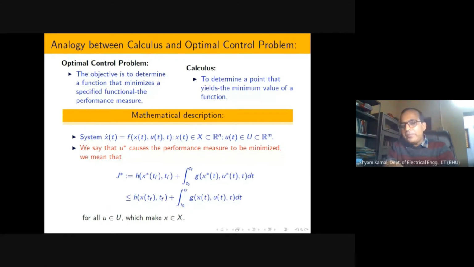Is the optimal control problem a unique problem, or corresponding to some trajectory x star, will a unique u star exist or a non-unique u star? Unique or non-unique?